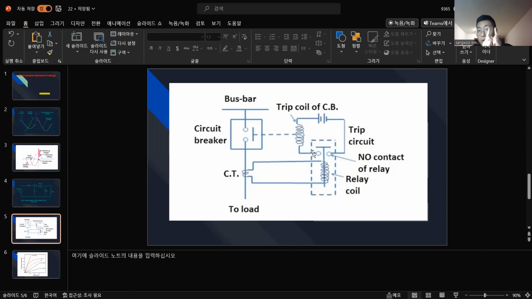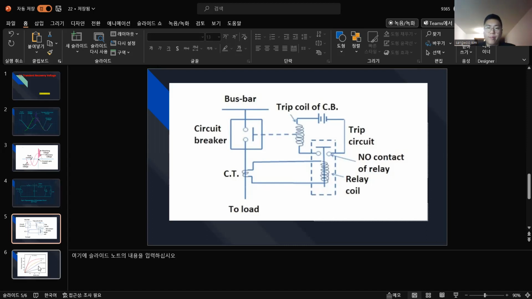And then it also needs to order the trip circuit. The trip coil needs to work. So it needs some mechanism time to do this. So just to understand a little bit of this mechanism order. Later, if we have a chance, we will learn about it, okay? Don't worry about it.